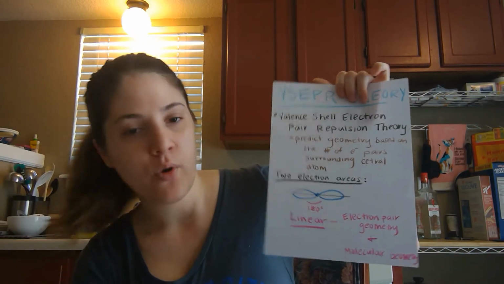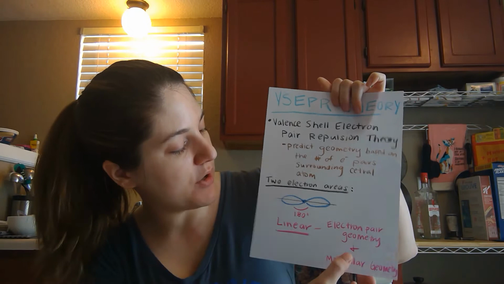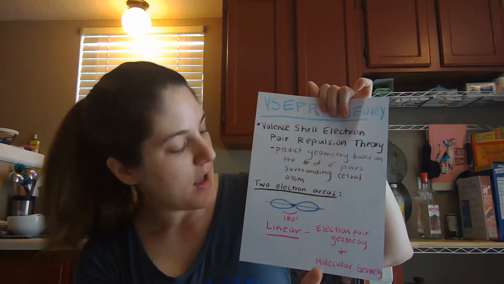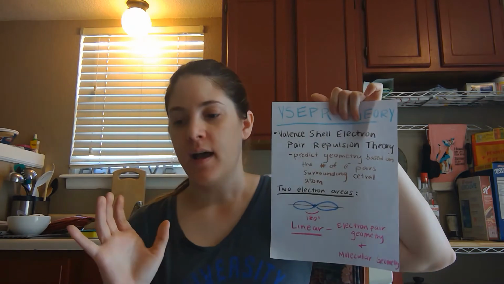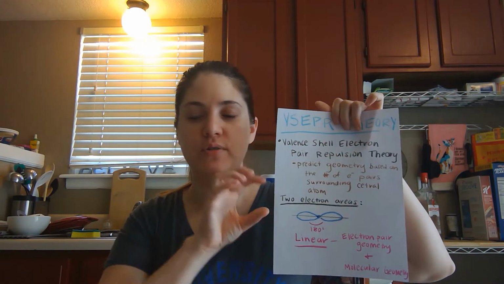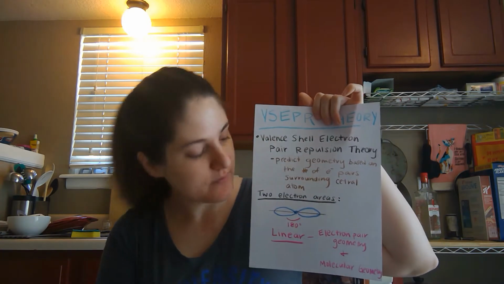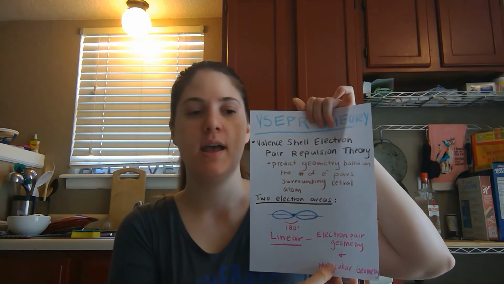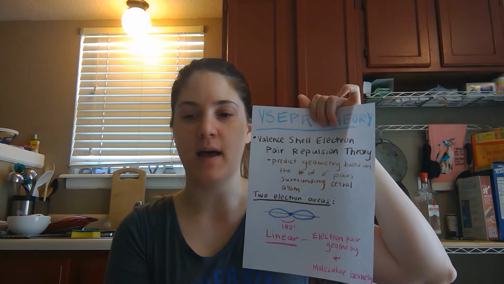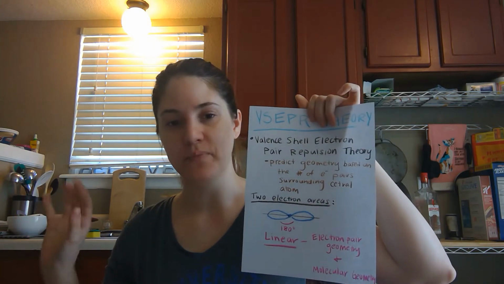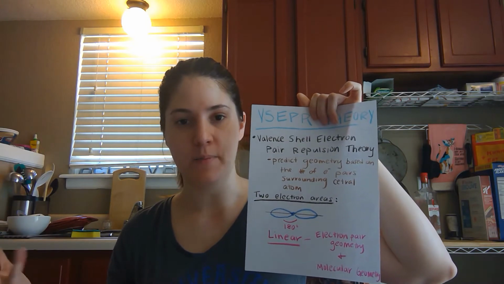So in class, we talked about something called electron pair geometry and molecular geometry. Electron pair geometry considers all of those electron-rich areas to be roughly equal, and then molecular geometry deals with lone pairs, and they separate lone pairs from bonded pairs.